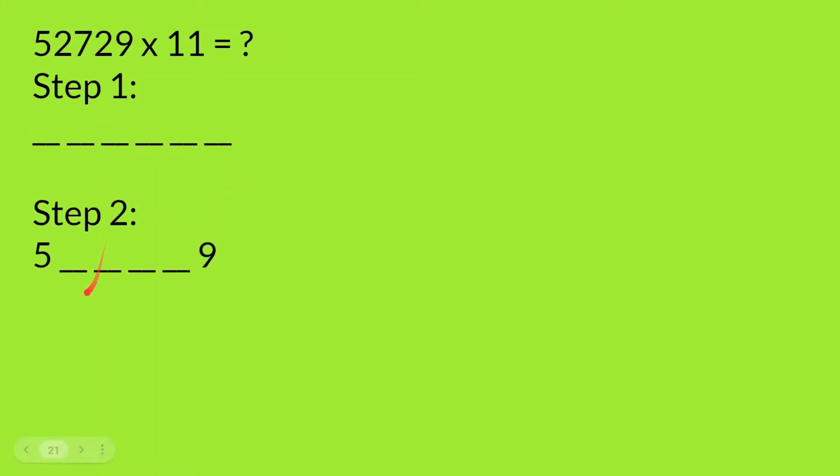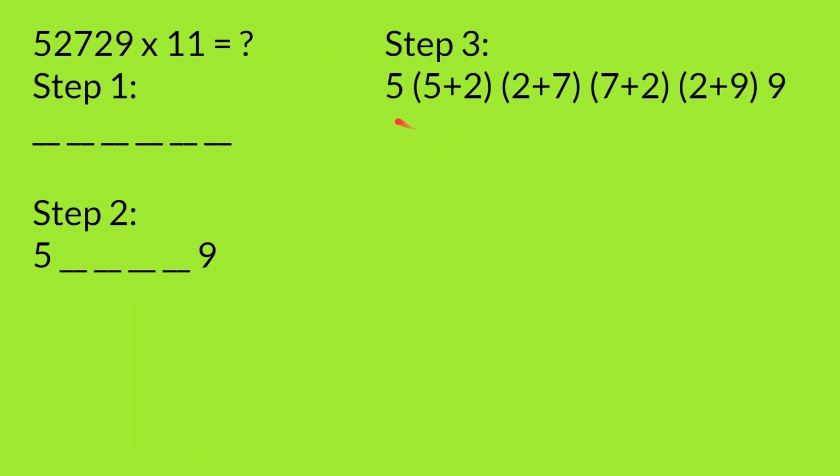Then in each of the remaining blanks we'll write the sum of the two neighboring digits. So 5 plus 2 is 7, 2 plus 7 is 9, 7 plus 2 is 9, and 2 plus 9 is, well, yes, 11. So it looks something like this.